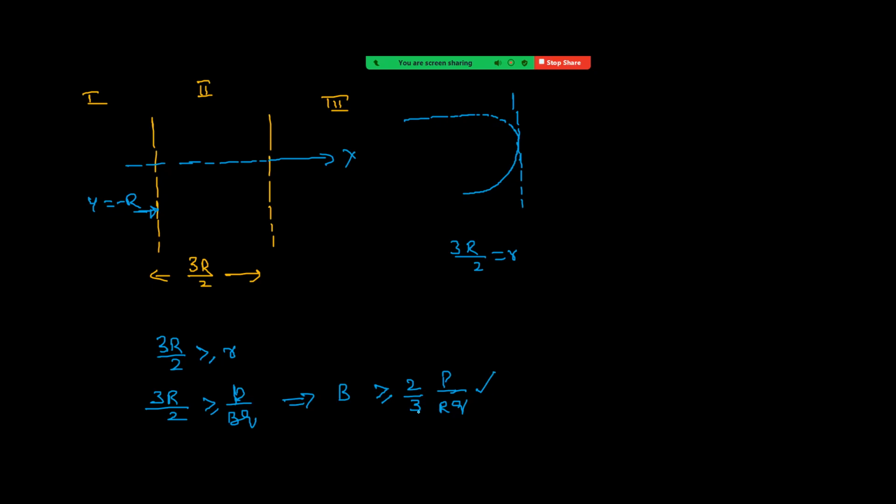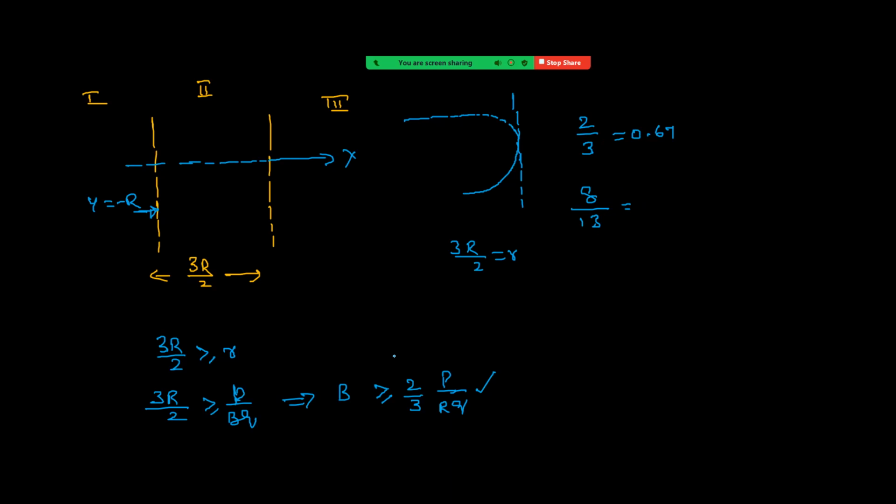Next, coming to option B. Given it is now 8 by 13. See which is more: 2 by 3, which means 0.67, right? And what about 8 by 13? If I take 6 times, 6 times 13 is 78, right? That means this is definitely less than 2 by 3.